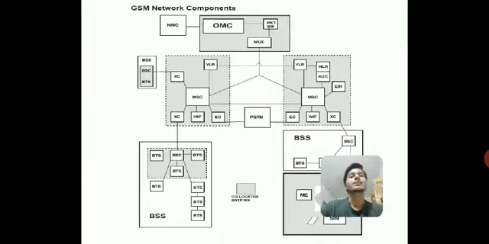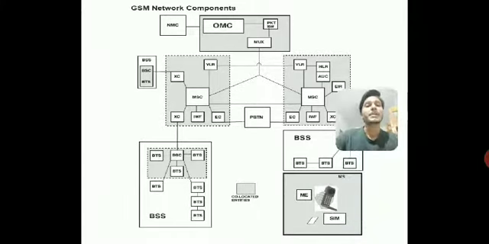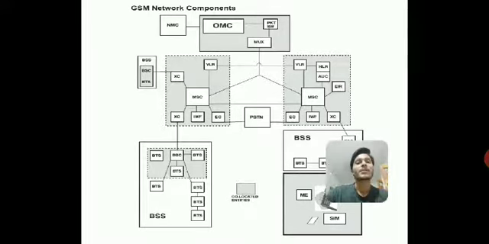The GSM network components are mainly divided into three parts: OMC, BSS and NSS. These components are communication parts for the GSM.